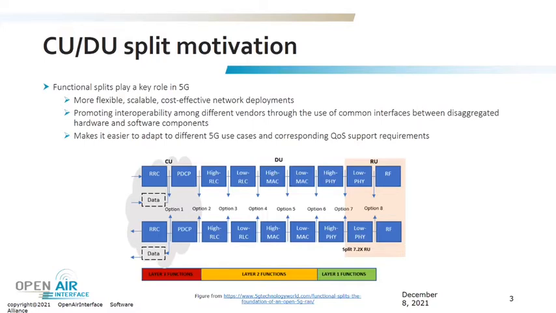Overall, just to give you motivation for the CU-DU split procedures, the functional splits, as you know, play a key role for 5G as they can allow for much higher flexibility, scalability, and cost-effective network deployments. It also promotes interoperability between different vendors by promoting the usage of common interfaces between the disaggregated components.